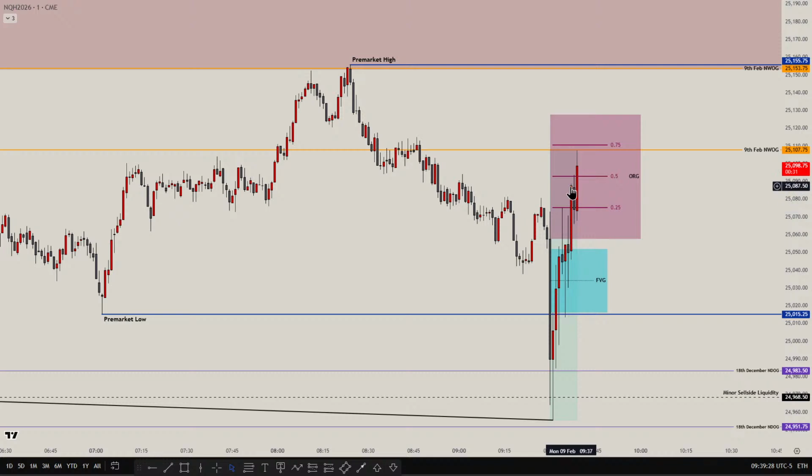Okay, that might become a first presented order block. The reason these are not first presented order blocks is because they have really long wicks. I don't trust those types of candles. Longer wicks with smaller bodies.